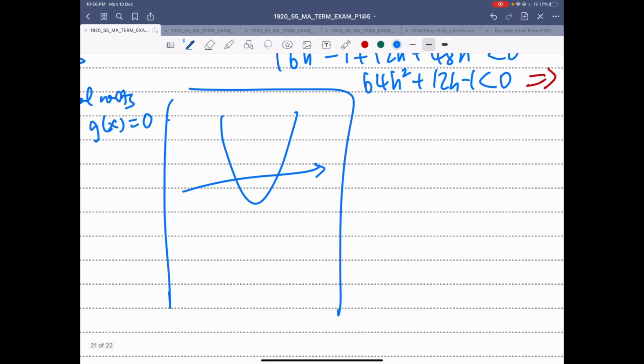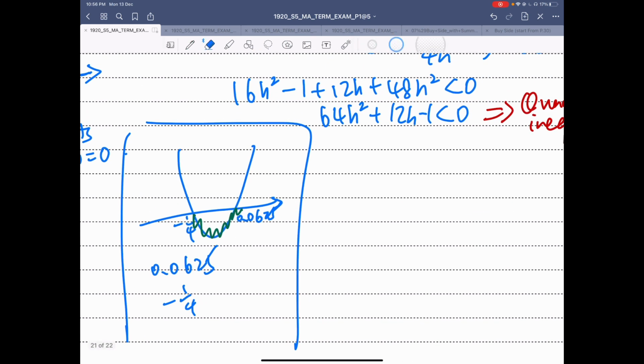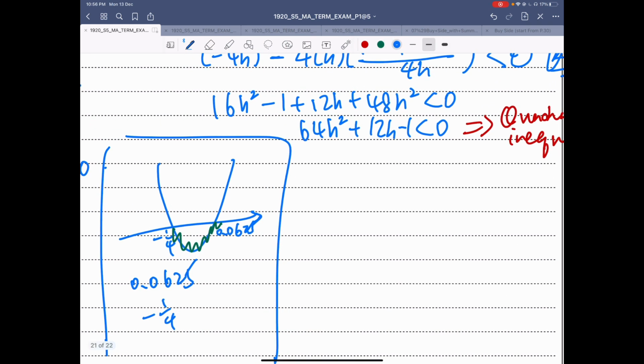You can first use the formula to obtain the first value, 0.0625, and negative 1 over 4. Less than 0 means this part, right? So the solution for the inequality should be negative 1 over 4 less than h less than 0.0625. This is the first inequality.